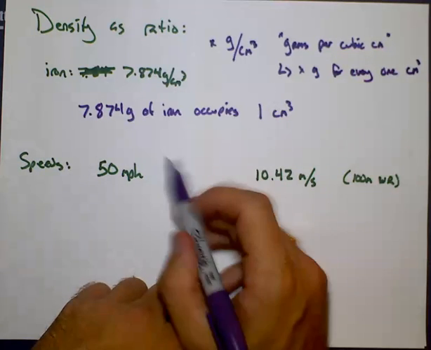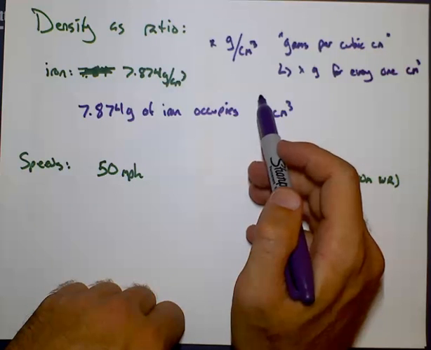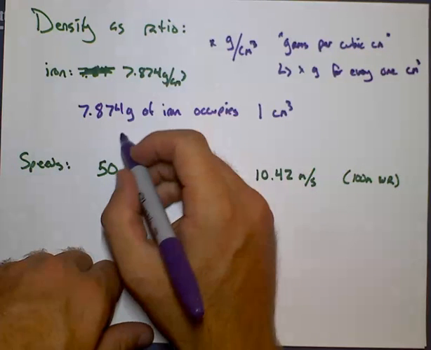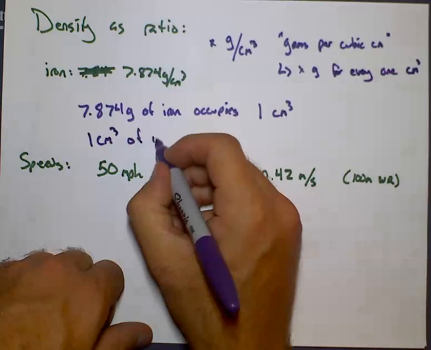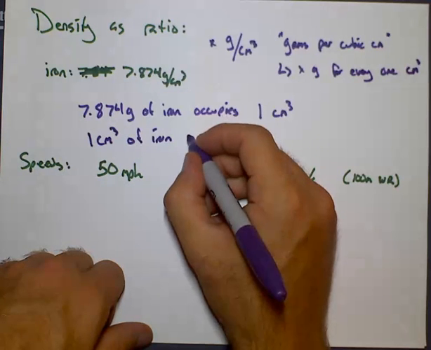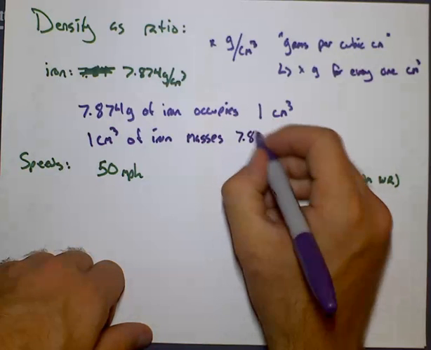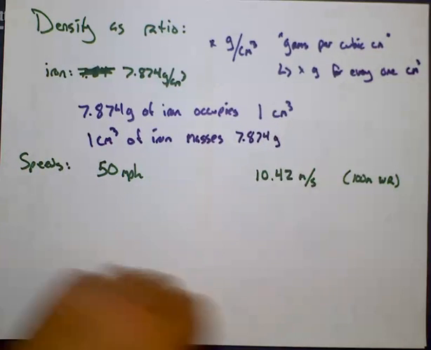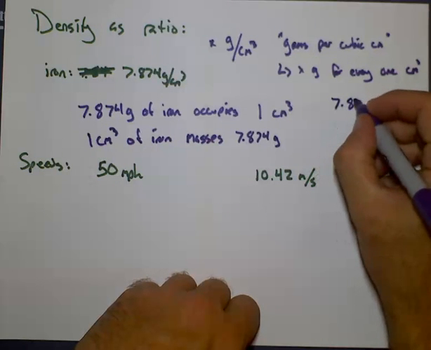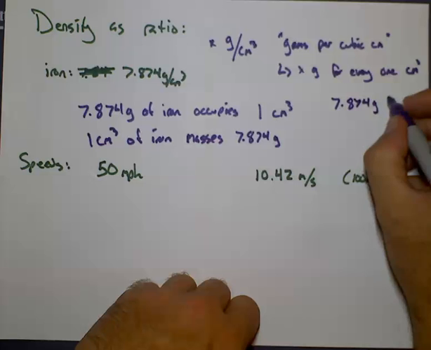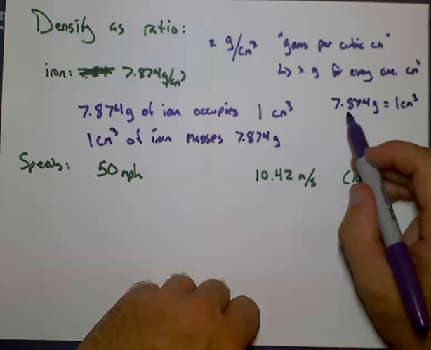So, when we say that 7.874 grams of iron occupies 1 cubic centimeter, we need to understand that 1 cubic centimeter of iron has a mass of 7.874 grams. Okay? Essentially, we can say that these two are equivalent. Because when you have one, you always have the other.